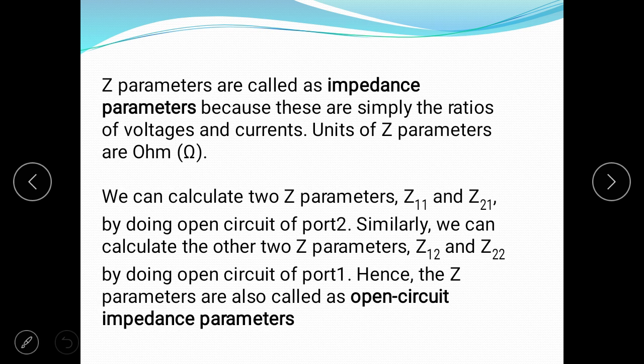So Z parameters are called impedance parameters because these are simply the ratio of voltage and current. The units of Z parameters are in ohms. We can calculate two Z parameters, Z11 and Z21, by open circuiting port 2.